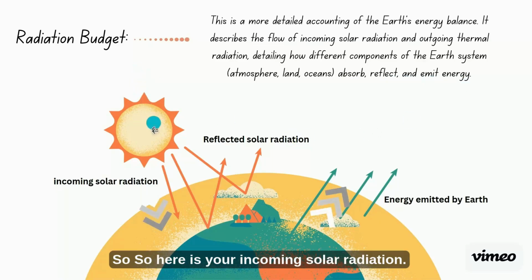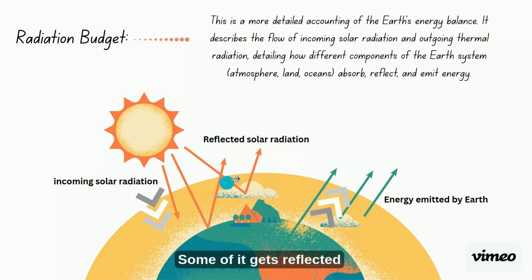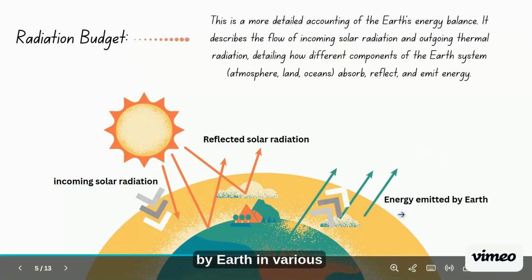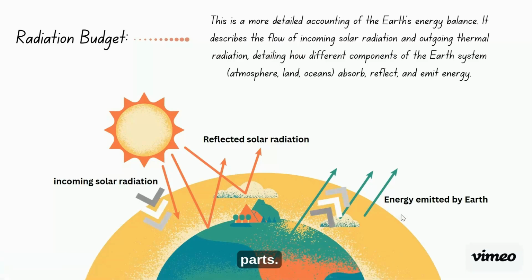So here is your incoming solar radiation. Some of it gets reflected right back, and other energy is emitted by Earth in various parts.